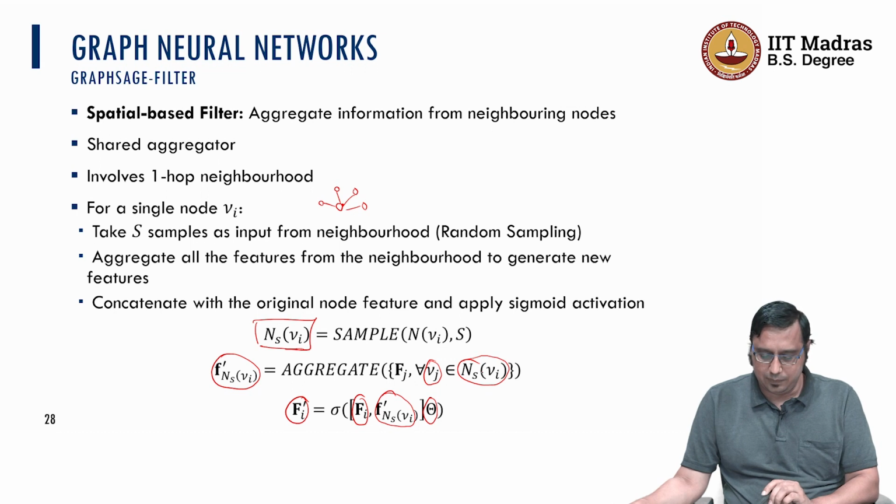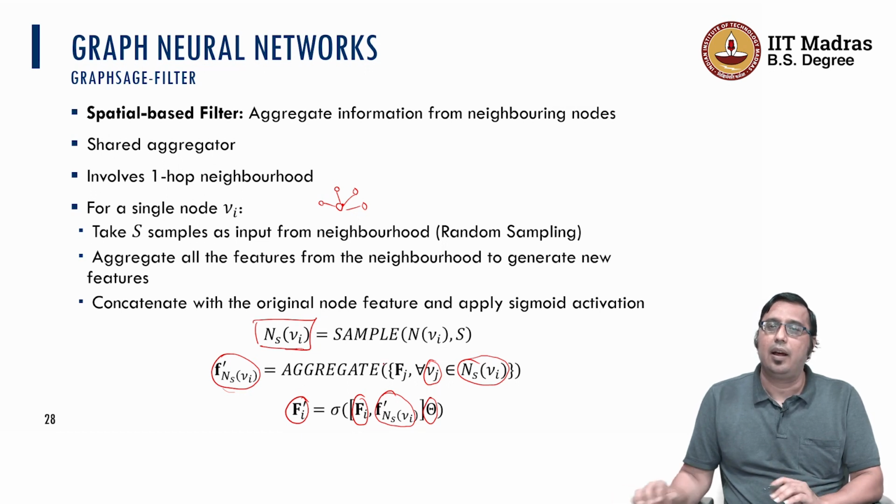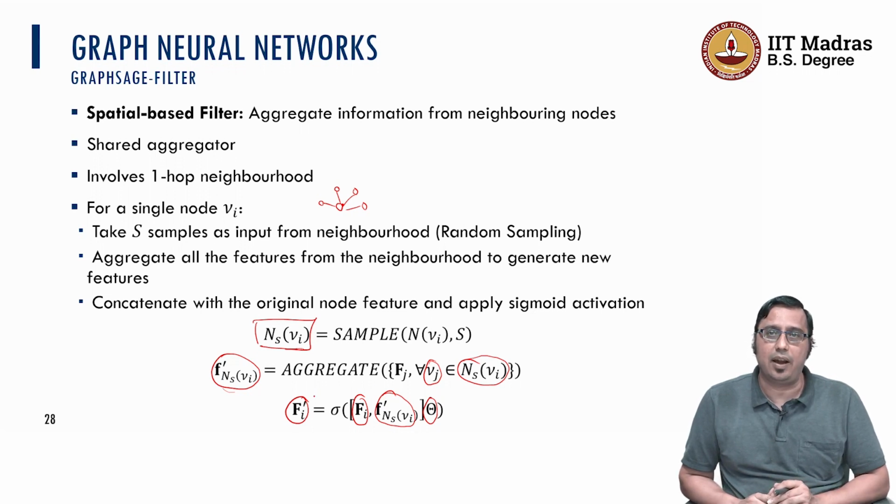Use these neighbors and aggregate all the features from these neighbors to generate a new filtered feature based on this set, which is Ns(Vi), and then concatenate this feature with the original features and use them as an input along with the unknown parameter theta, apply sigmoidal activation and get my new updated feature f dash i for the Vi node.